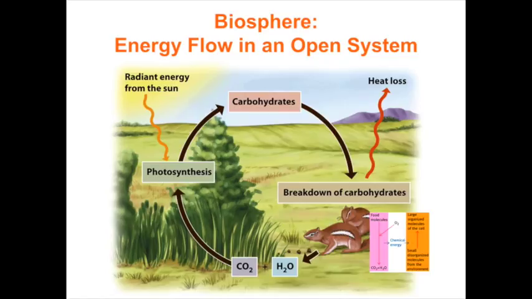So the energy flow is already there. We've simply found a way that we can take these food molecules, break them down to their constituent products, releasing energy, and then if we do that in a way where we can focus that energy and capture that energy, then we can use it to do work.